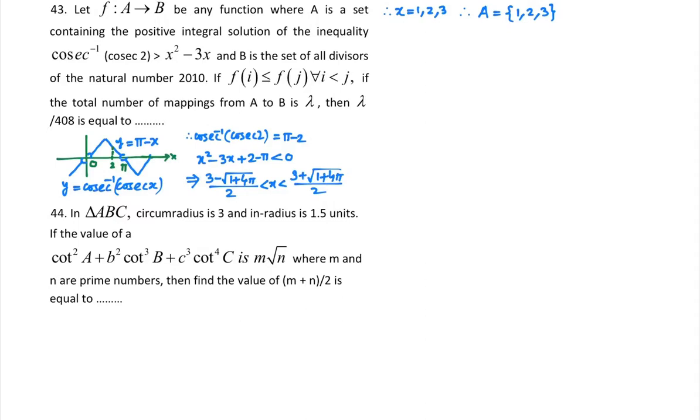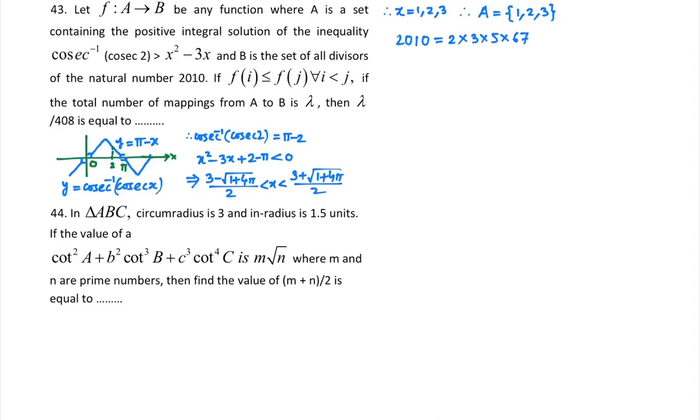Now to find B, we need to use the concept of permutation combination, that is all divisors of the natural number 2010. For that we take 2010. We know that 2010 can be factorized as 2 into 3 into 5 into 67.